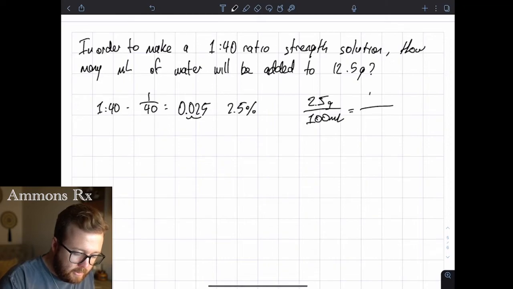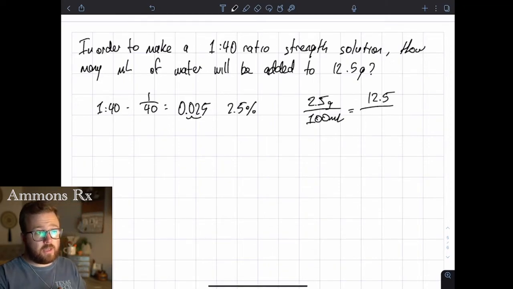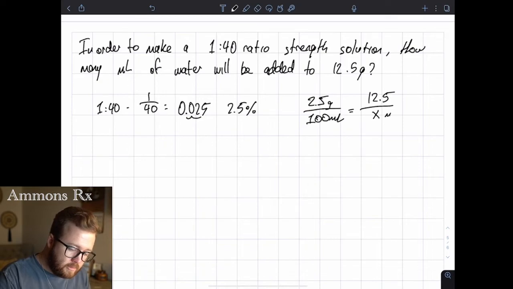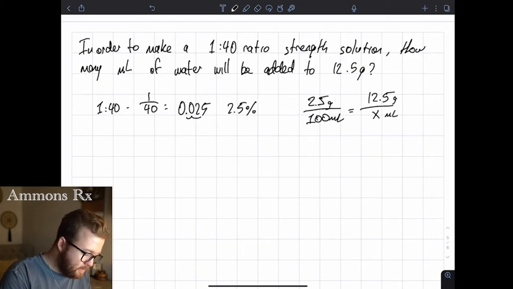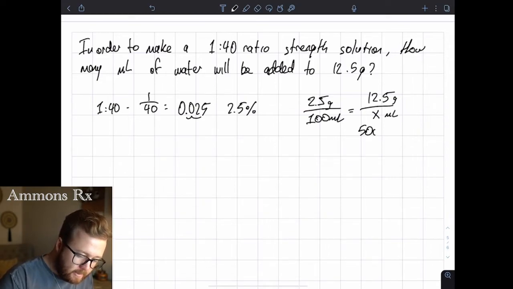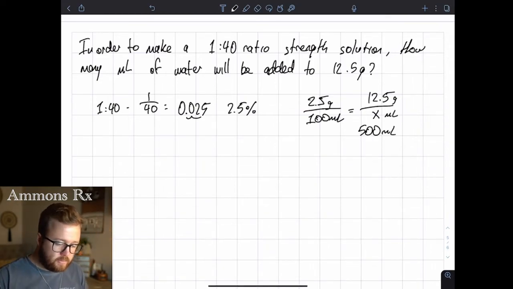And now I know that we need to reconstitute that whole amount of drug into a 2.5% solution. So I need to take 12.5 times 100, and I need to divide that by 2.5. That is 500 mLs. Okay, that is the answer.